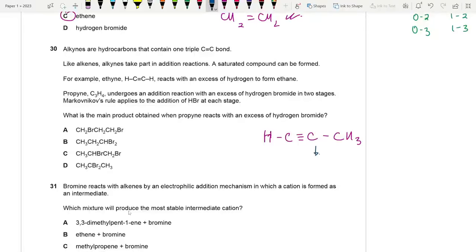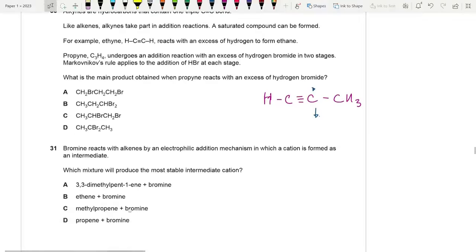Alright, so this carbon over here has more alkyl groups. So the second product would be like this. We know that from HBr, Br will go to the carbon which has more alkyl groups.